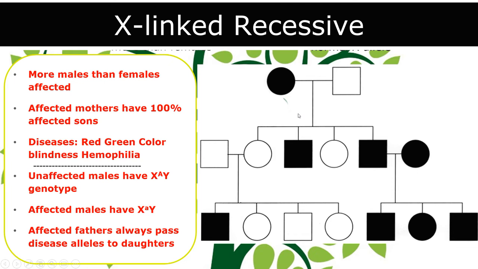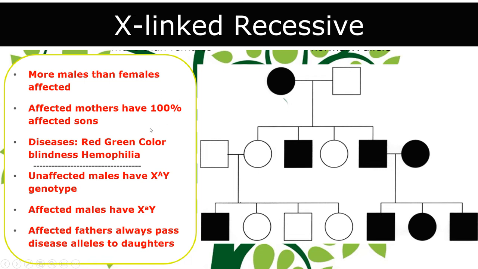So if it's really an X-linked recessive, every time you see an affected female, all of her sons will have the disease. So if we look at this mom here, sure enough, her 2 boys, both of them have it. And when we look at this generation here, again, both sons did inherit it. So that's the other giveaway that this is an X-linked recessive.